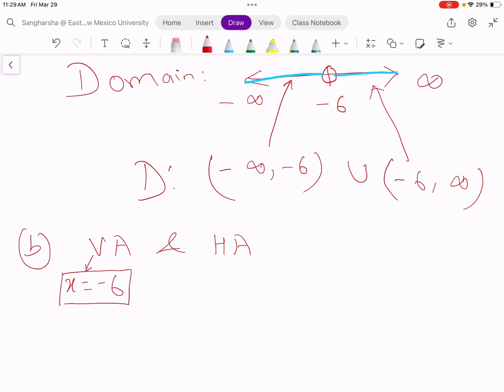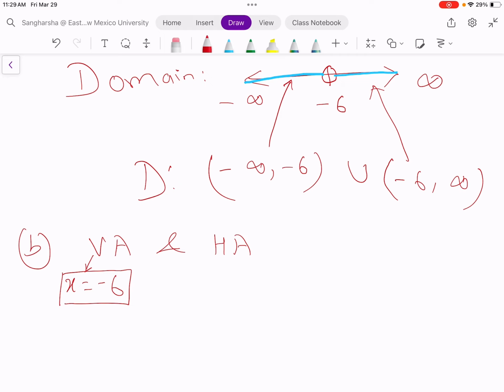You might get 3 vertical asymptotes. So you find every number that makes the denominator equal to 0, and once you have those numbers, make sure you write x equals that number one by one. Like if you have 3 different numbers like 1, 2, 3, then x equals 1, x equals 2, x equals 3. So you have to write an equation for each vertical asymptote.